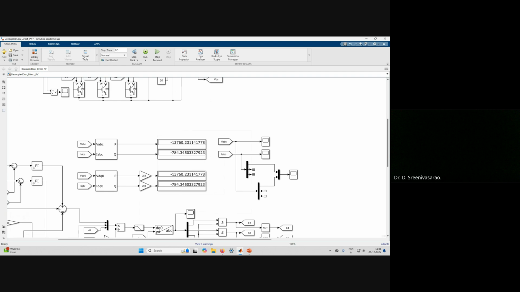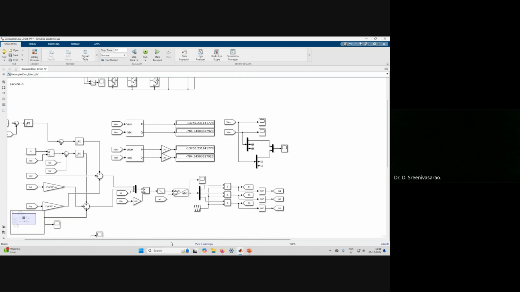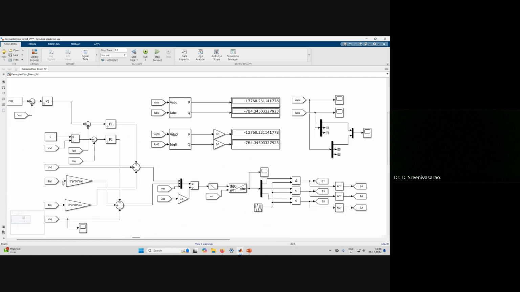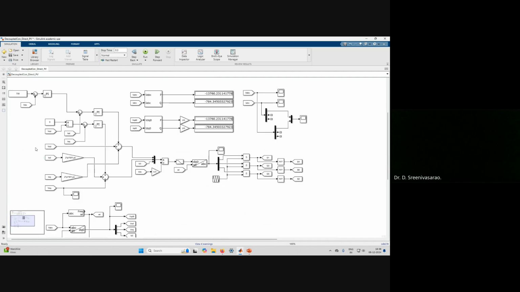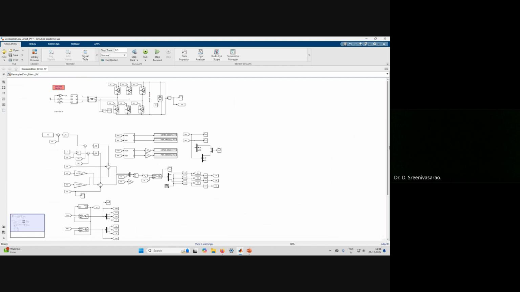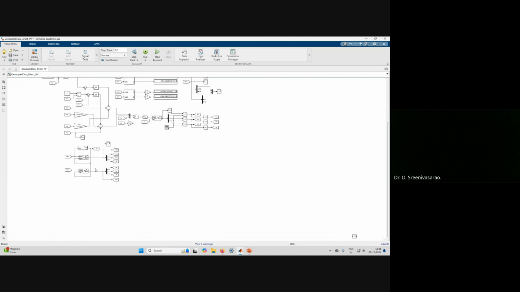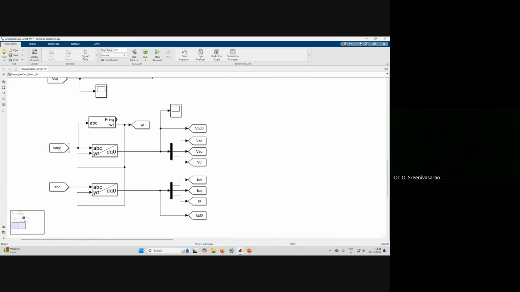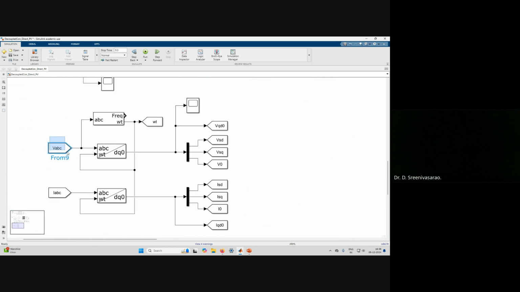Right? So now we come to the decoupled controller part, as we discussed. The first thing is that we need to measure the grid voltages and convert them into the DQ frame. So I sensed the grid side voltages here, VABC and IABC. I transform these into the DQ reference frame. For the transformation, you need to know the phase angle or angular information, so for that you need a PLL.